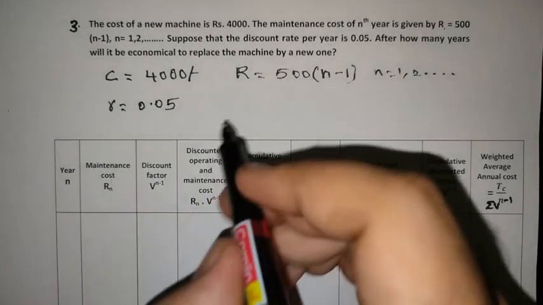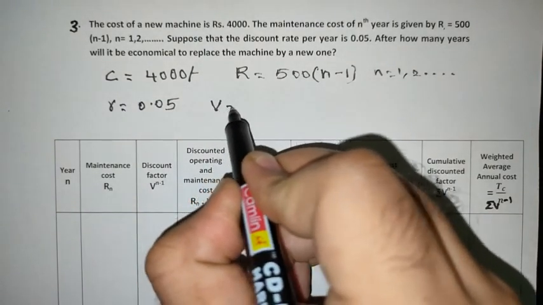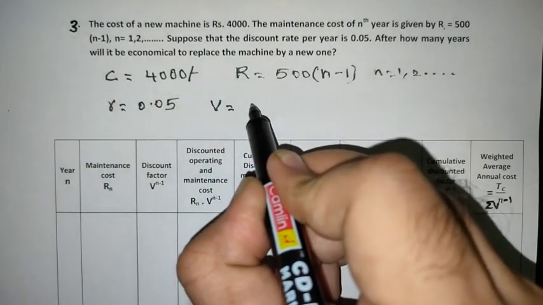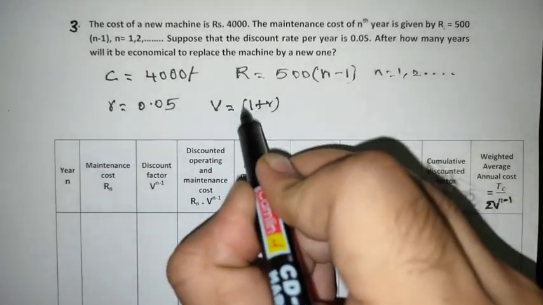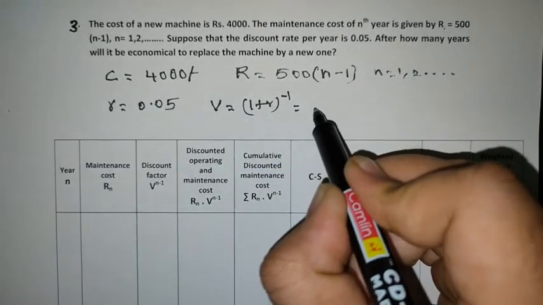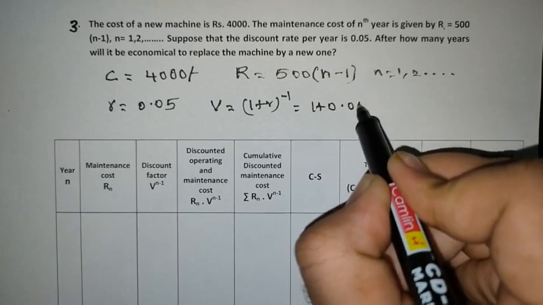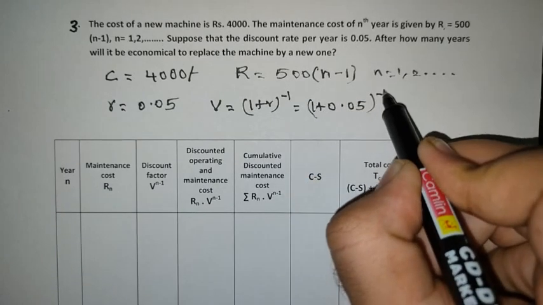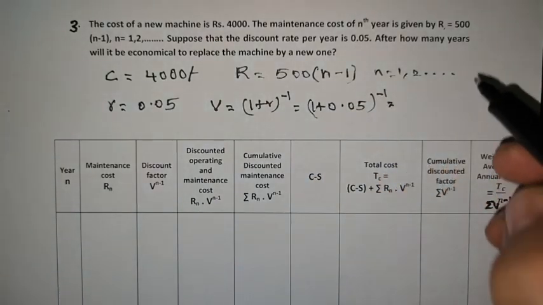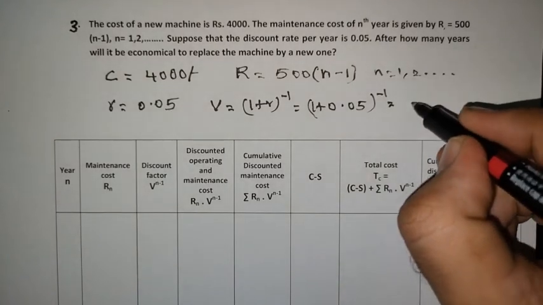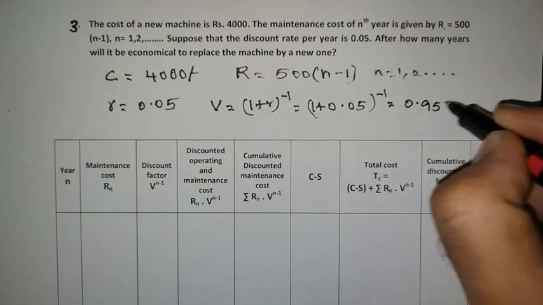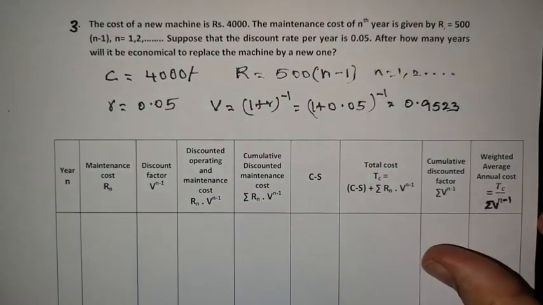Now let us calculate V. V equals 1 plus r whole power minus 1. So 1 plus 0.05 whole power minus 1 equals 0.9523.